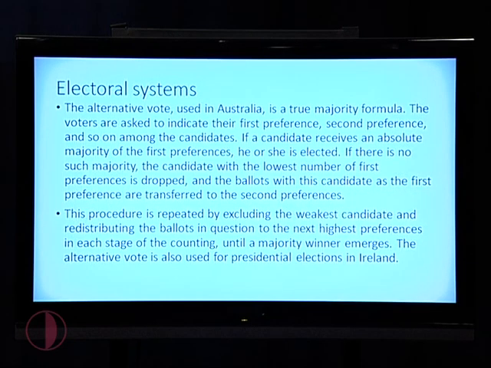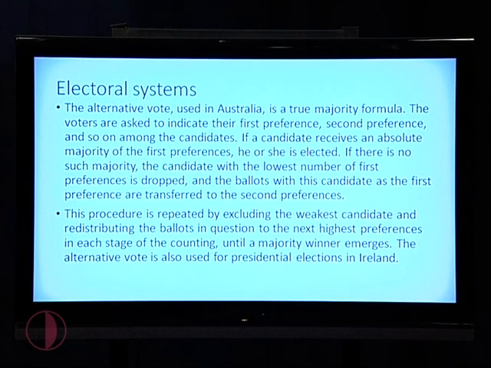The alternative vote used in Australia is a true majority formula. The voters are asked to indicate their first preference, second preference, and so on among the candidates. If a candidate receives an absolute majority of the first preferences, he or she is elected. If there is no such majority, the candidate with the lowest number of first preferences is dropped, and the ballots with this candidate as the first preference are transferred to the second preferences.